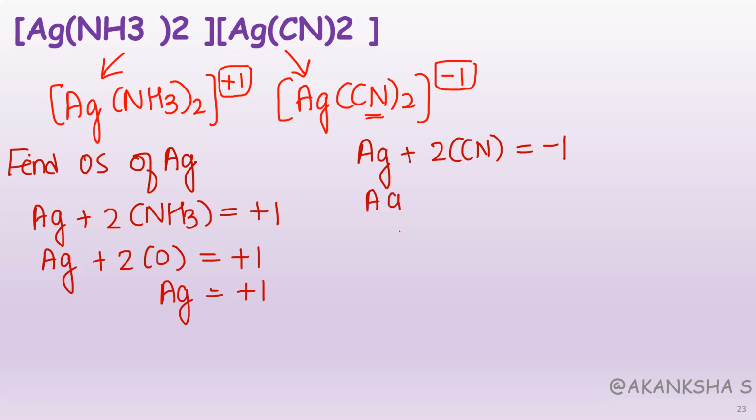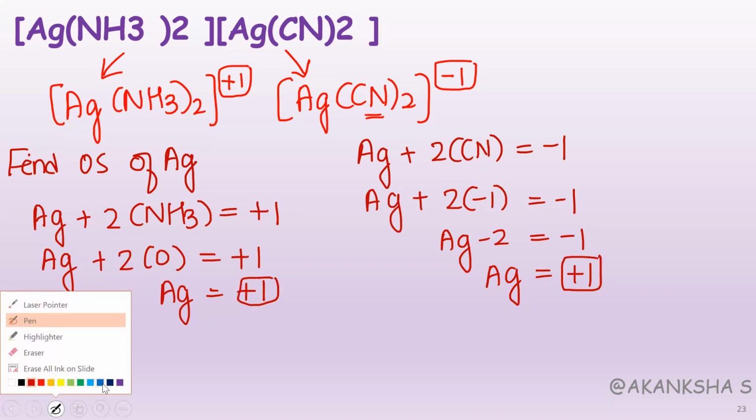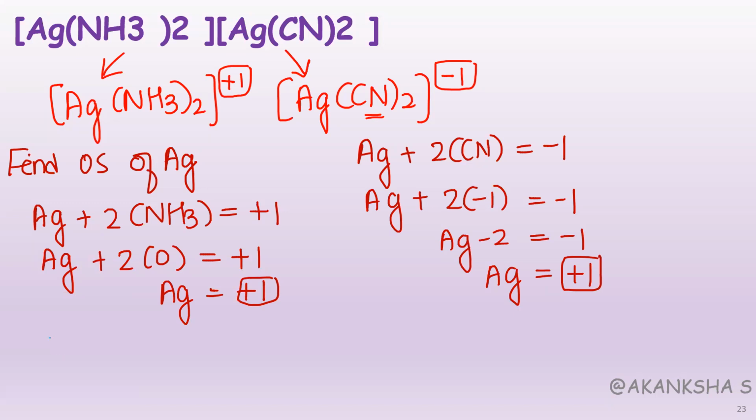Second complex, Ag plus 2 times the cyano group, right? -1 gives you -1. Ag minus 2 equals -1, so Ag, on the other hand, becomes +1. See, best part, both of them carry +1 oxidation state. Let's go to the nomenclature now. First compound nomenclature.